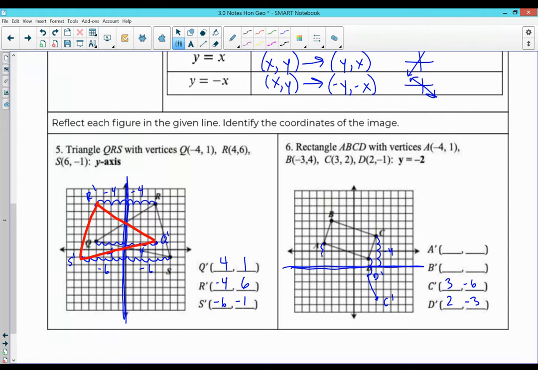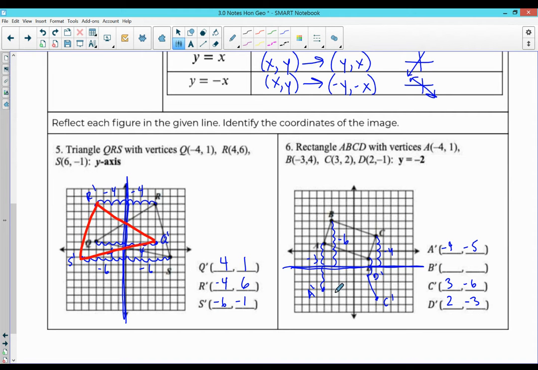A is down 3, so I need to go down another 3. So that's A prime. My x is still negative 4. I'm subtracting 6 from my y value, so that's negative 5. And then B is last. I went down 6, so I have to go down another 6.